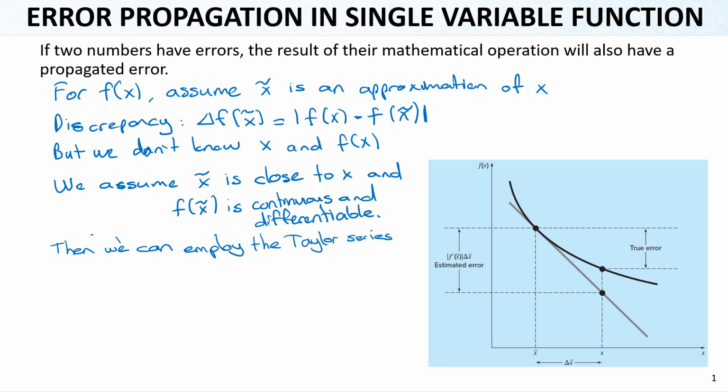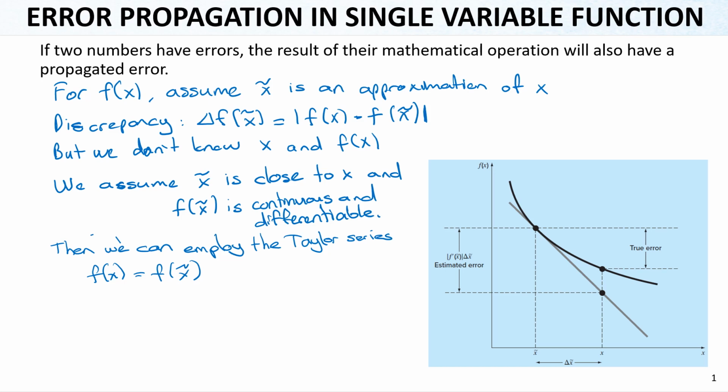Meaning we will have f(x) from the predictions. We don't know this one, but we know the prediction value. So this is the opposite of the Taylor series we used in the previous slides.